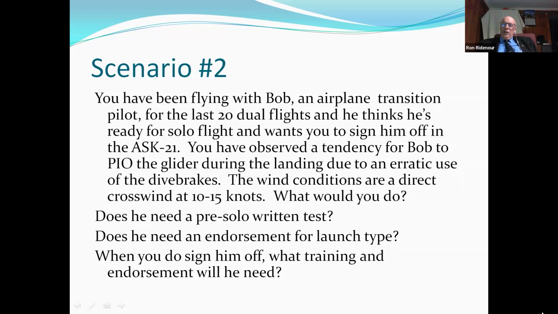You can't just write in their logbook, okay to solo, and let it be at that. There's a lot of things that you're required as a flight instructor to go over before you can make your signature. And it's right there in 61.31(d)(2). It says it: knowledge and areas of operation in accordance with that level of pilot certificate.